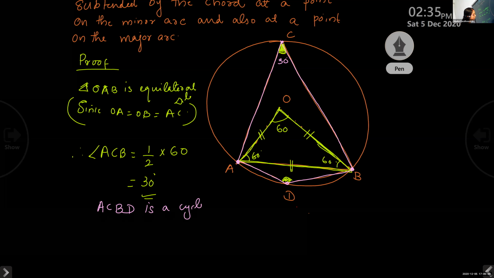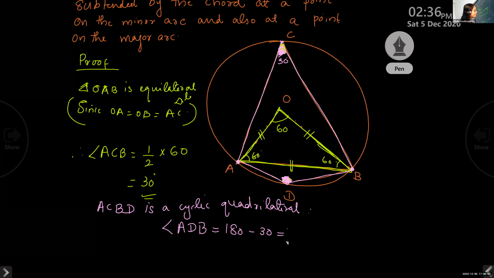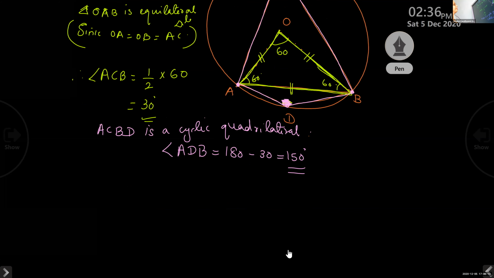What is the speciality of a cyclic quadrilateral? Opposite angles sum to 180. So this is 30 degrees, and what about this one? When you add both, you will get 180 degrees. So one is 30 and the other will be 150. So angle ADB equals 180 minus 30, equal to 150 degrees.